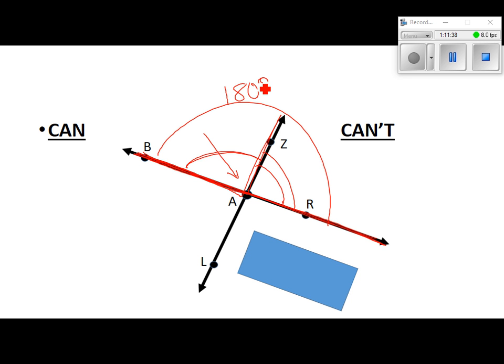So you can assume the straight angle stuff, the linear pairs, but you cannot assume that anything is a right angle. So angle BAL here, whether it's a right angle or not, we have no idea. But we do know that it, along with this angle over here, add up to 180.